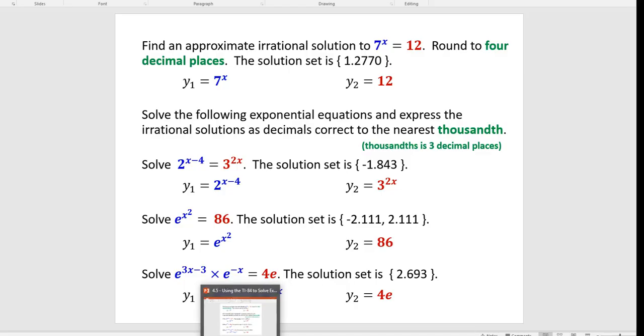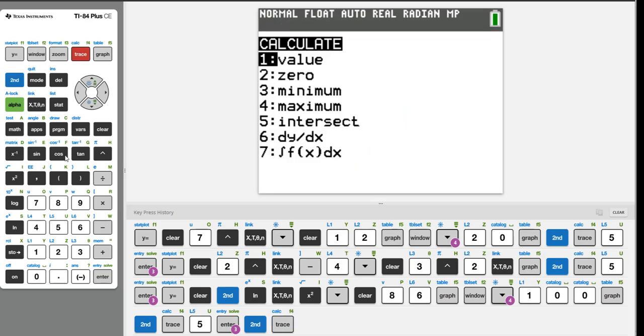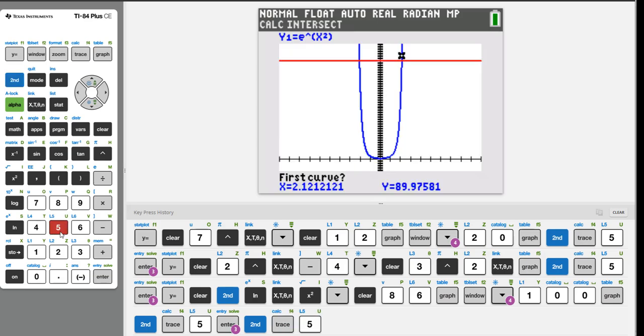On the TI-84 calculator, press second, calculate, select number 5, intersection. Notice the X is on our current solution. Use the right or left arrows to force the X to the other intersection point. Press the left arrow until we're at the second point, because it will never go there on its own.